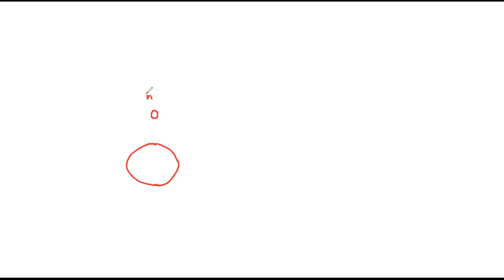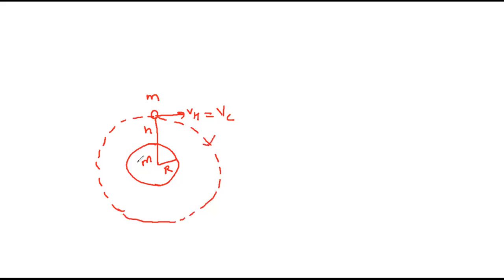Consider satellite of mass m at height h above Earth's surface of mass capital M, radius R, to be projected horizontally with critical velocity vc so that it revolves in a circular orbit of radius small r equals R plus h. Draw the diagram.